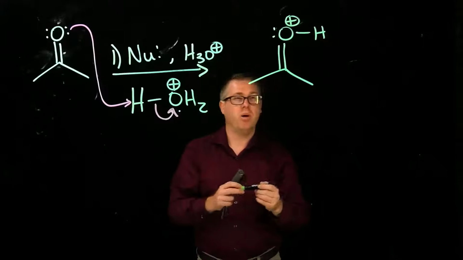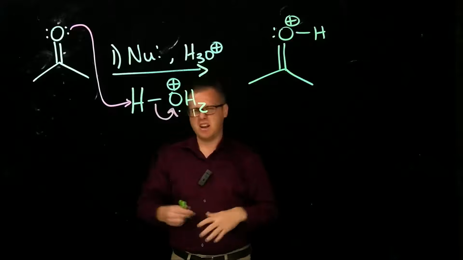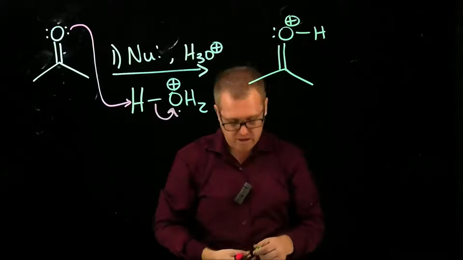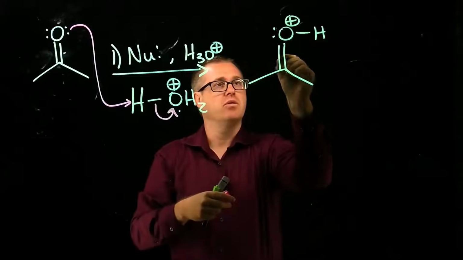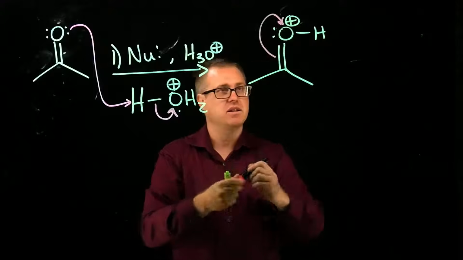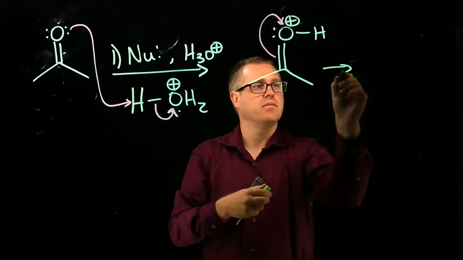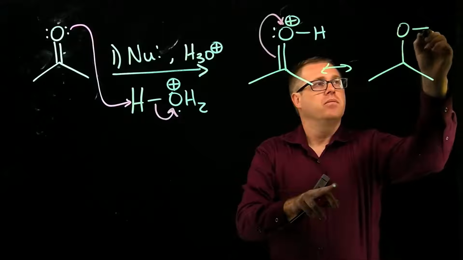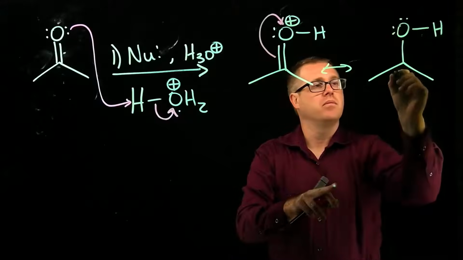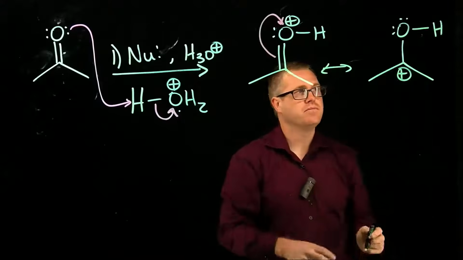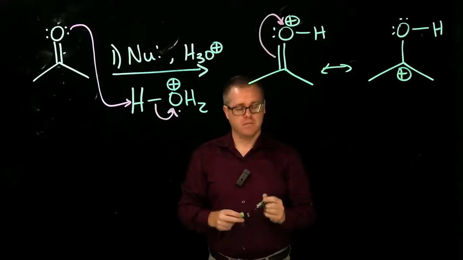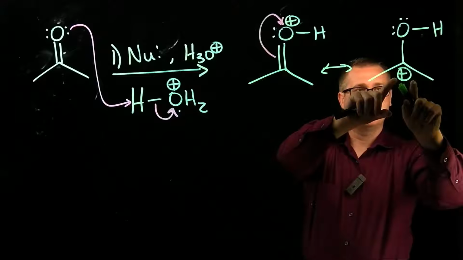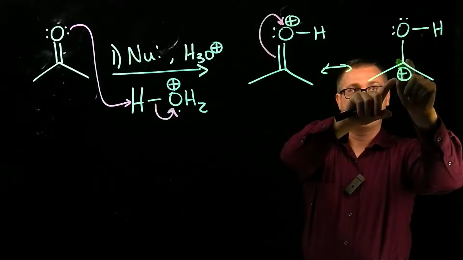We have a positive charge on that oxygen. I thought I was saying we needed a positive charge on the carbon. Well, it does, because look, we have a resonance structure. So now we have a positive charge on that carbon right there.